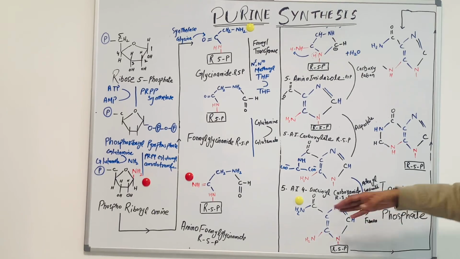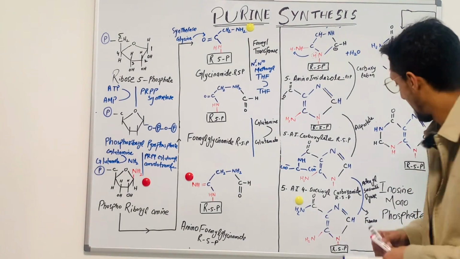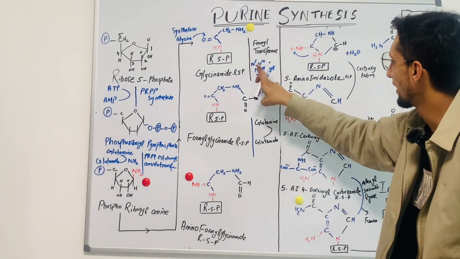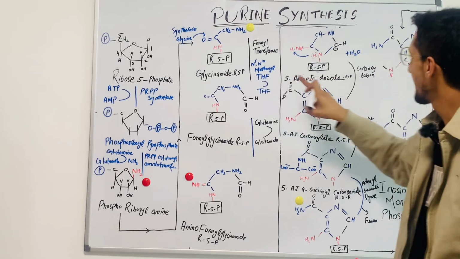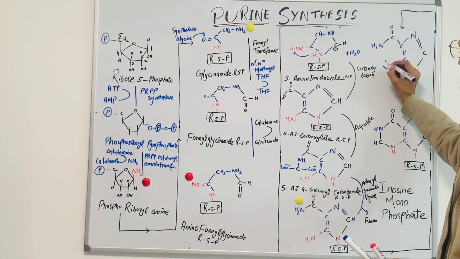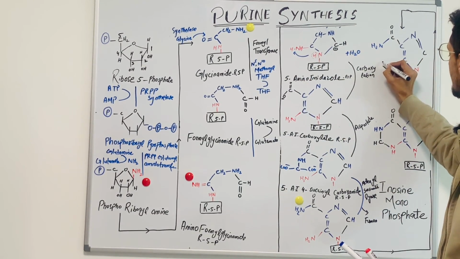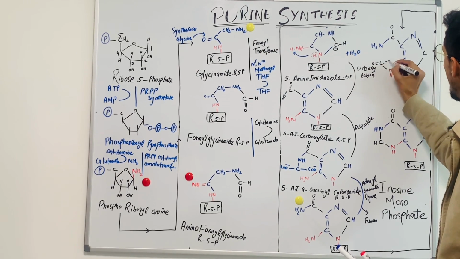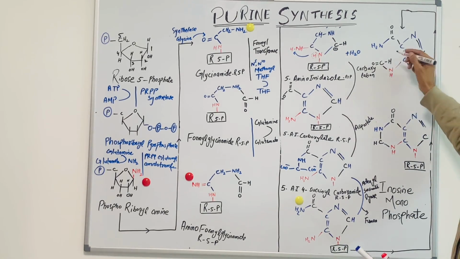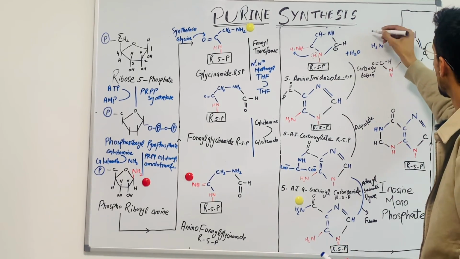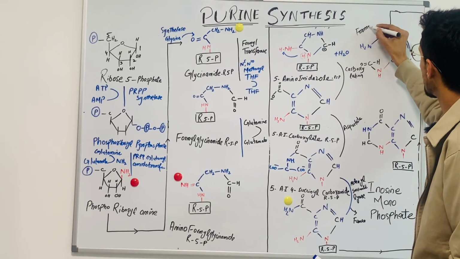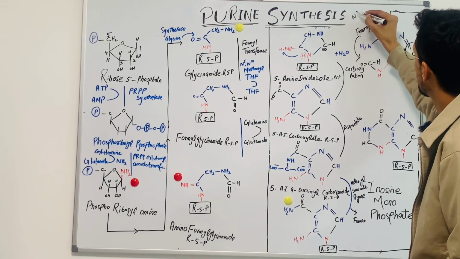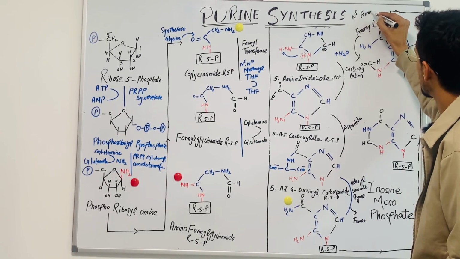At this position again a transfer will occur, in the same way that N10-formyl tetrahydrofolate will give its formyl portion. So C double bond O H will attach here. This is again the formyl transfer. The formyl group is transferred here by N5 formyl transferase.